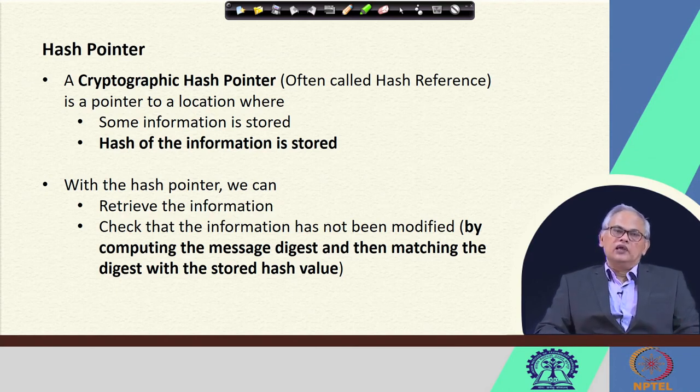So, conversely, if there are two digests d1 and d2, if they are same, then we consider that the corresponding messages m1 and m2 are also same, although we cannot get back m1 and m2 from d1 and d2 respectively. Similarly, if d1 and d2 are different, then we can say that m1 and m2 were also different. So, these are some of the properties which are of importance in today's discussion.